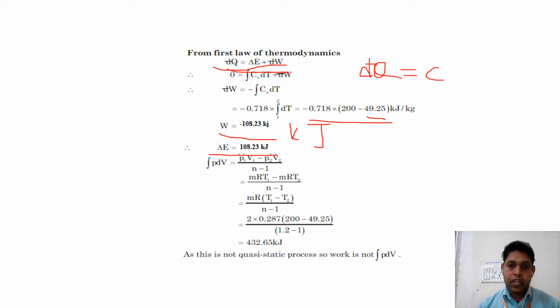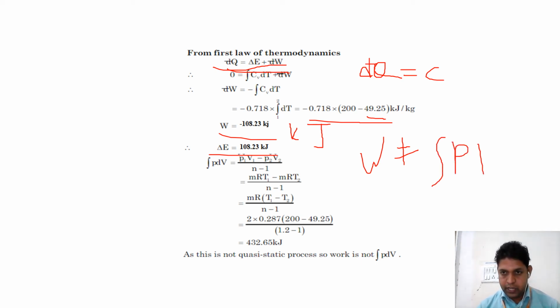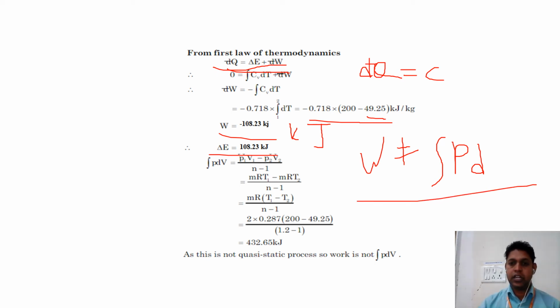Okay, then in the previous section the question was asked: why can't we write W as the integration of PdV? If the work done W and the PdV were the same, then we could write only delta W is equal to PdV. Then we would solve the work done as (P1V1 minus P2V2) upon (n minus 1).